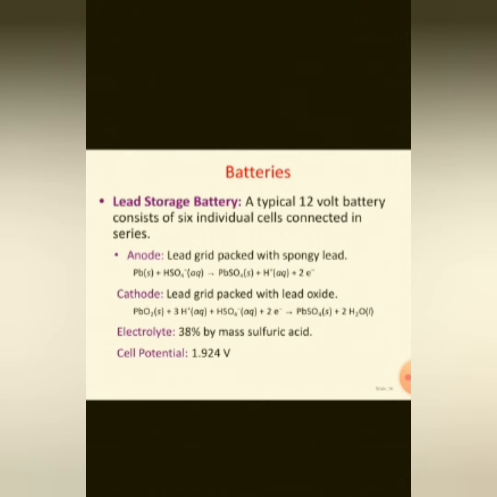The most important example of a primary battery is the dry cell, and the important example of a secondary battery is the lead storage battery. Here is a typical example of a lead storage battery.